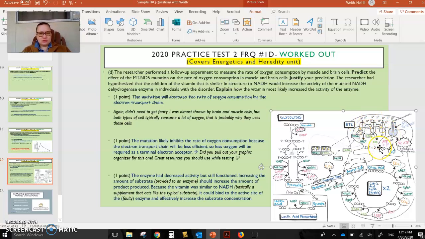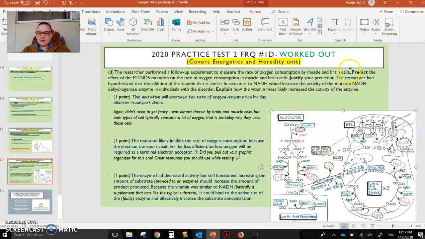We now have reduced energy electrons who will join with oxygen gas and the protons to make water. So how much oxygen gets consumed is dependent upon how much of the electron transport chain you're doing. It's a measure of the end result of this process, okay? Because oxygen is not used anywhere else.